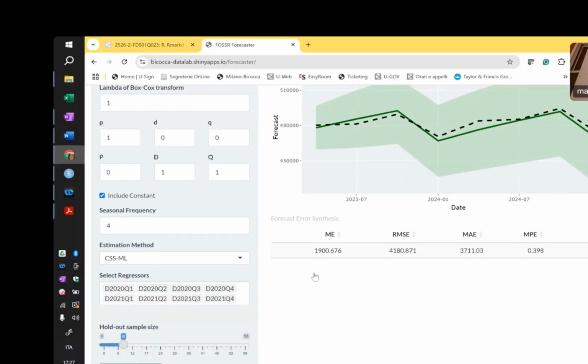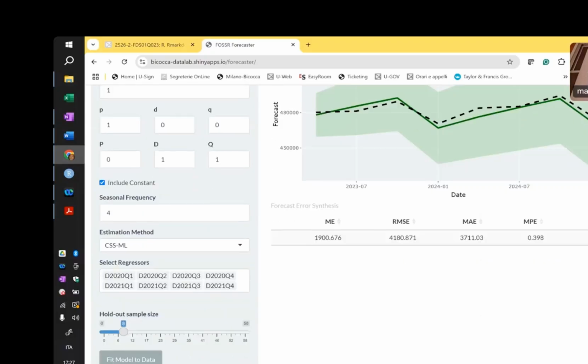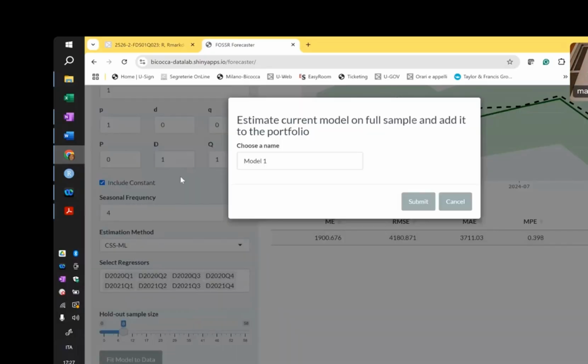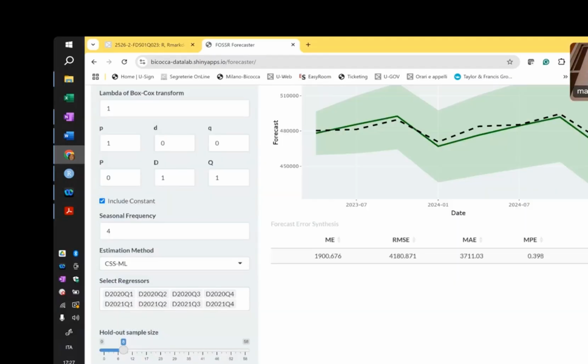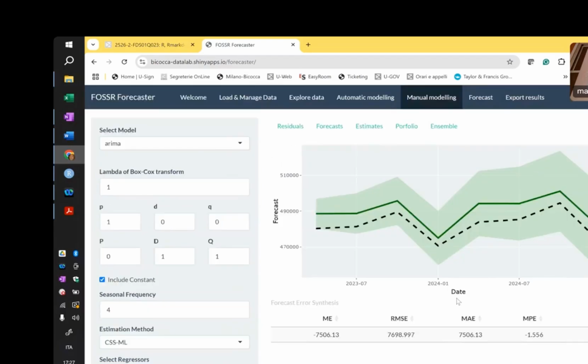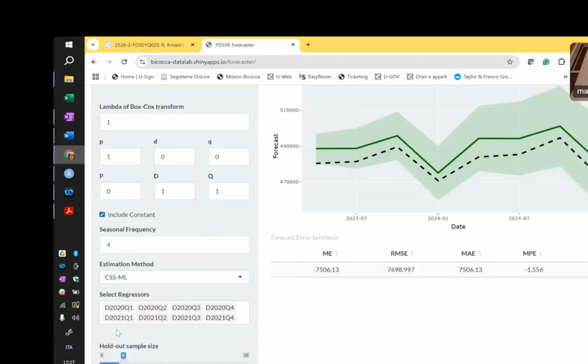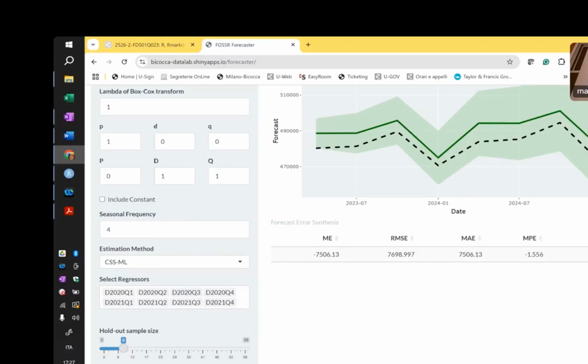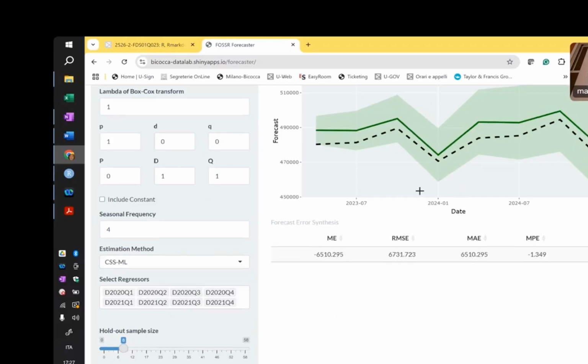Wait, I save the model first, and then I fit this model with all the dummies. Actually, the prediction got a lot worse. And maybe we could throw away also the constant here. Yeah, slightly better.